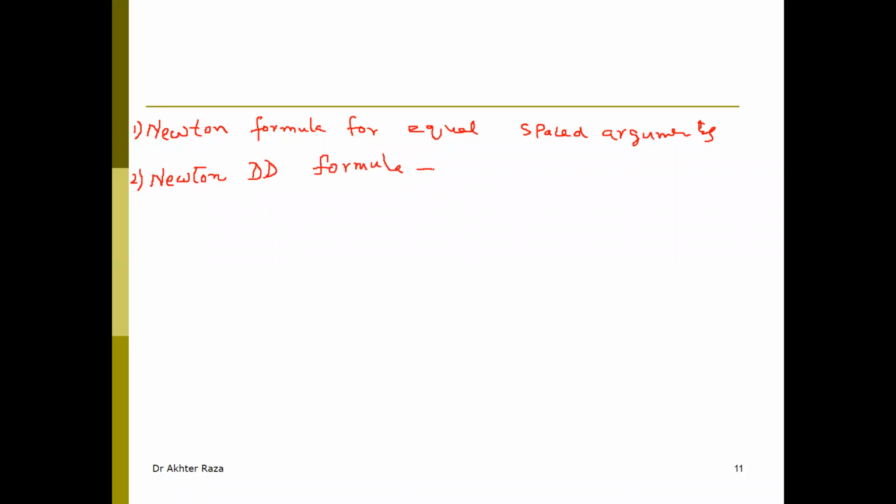So it is used for unequally spaced arguments, and the first one is used for equally spaced arguments. So equally spaced and unequally spaced arguments, these are the two important things that we must consider whenever we are going to interpolate an item in the entries y.